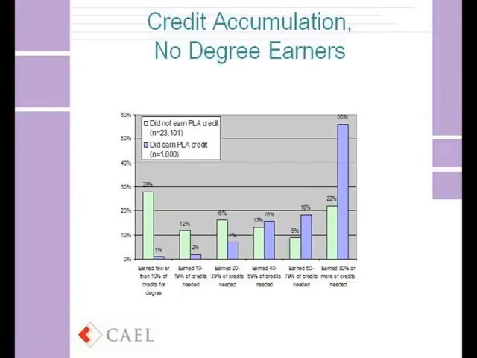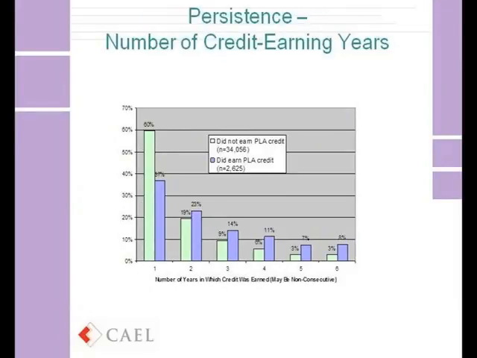The only areas in which the students who did not earn PLA credit are higher than those who earn PLA credit are in the lower numbers of credits. In other words, those who earn PLA credit do take more credits at the institution. Translated, that means more tuition for the institution.